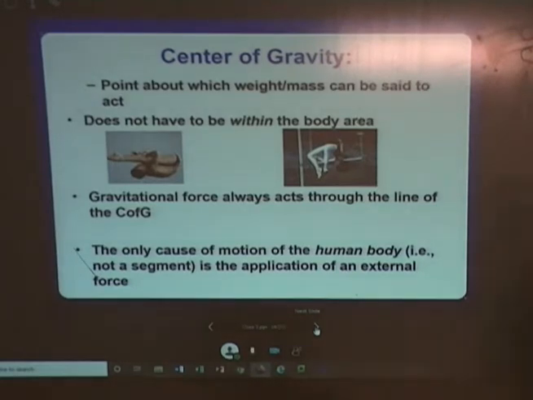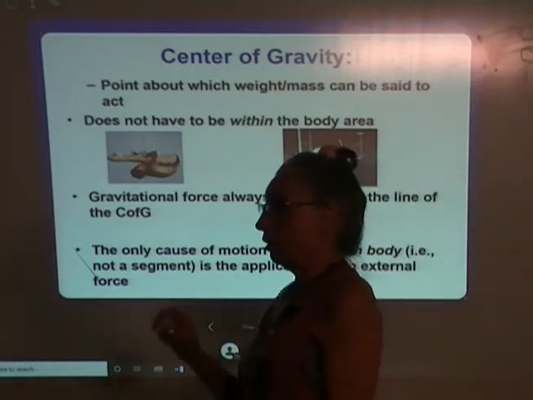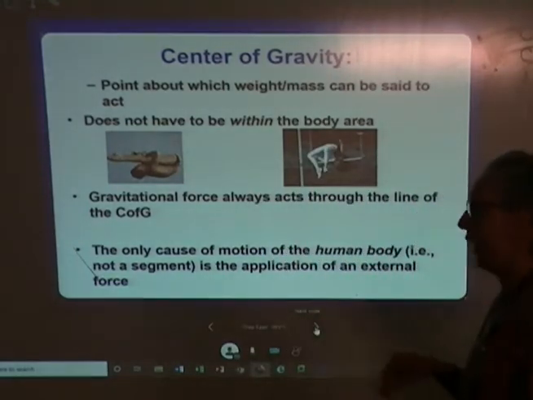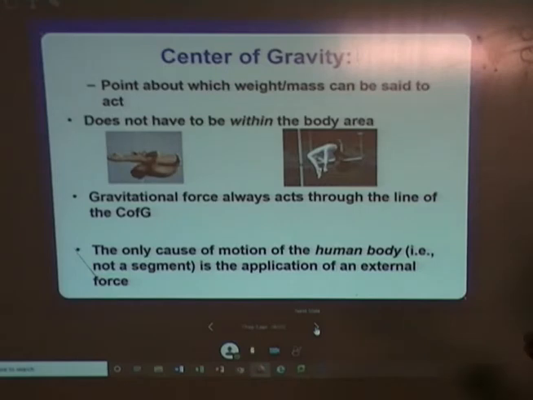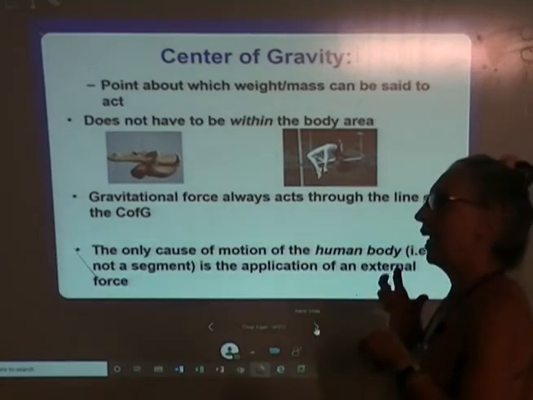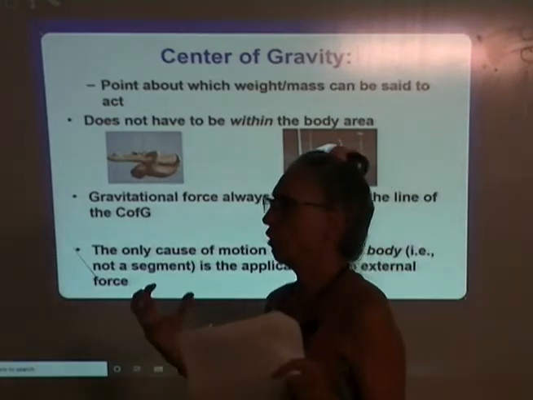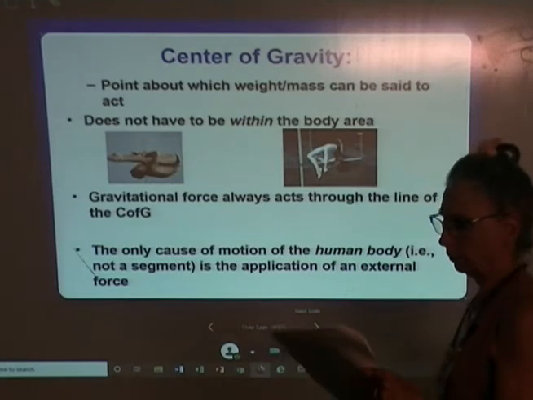Why do we need to know where the center of gravity is? Because the only way we can cause motion or movement in the human body is the application of external forces.